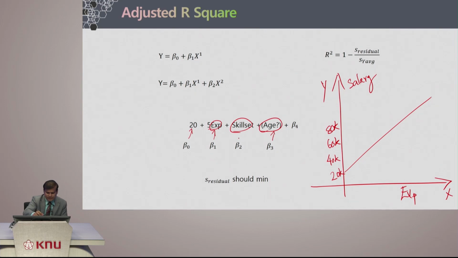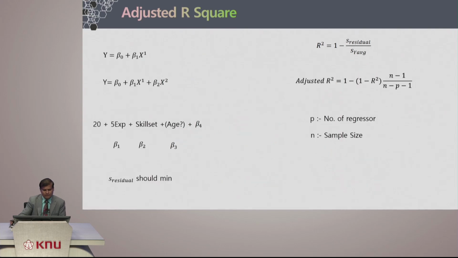There may be many factors that can be included as beta 1, beta 2, beta 3, and so on and so forth. So basically that's where we started with respect to R square, and we can adjust this actual R square in different forms.